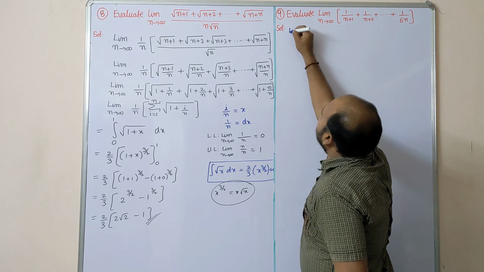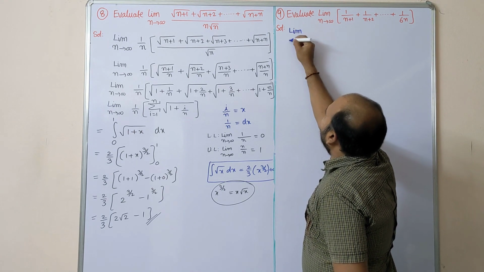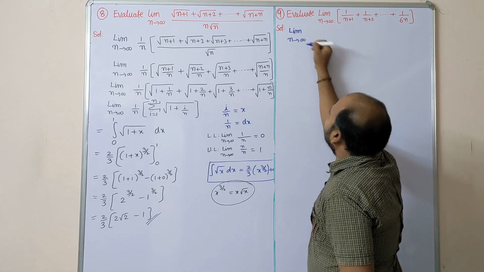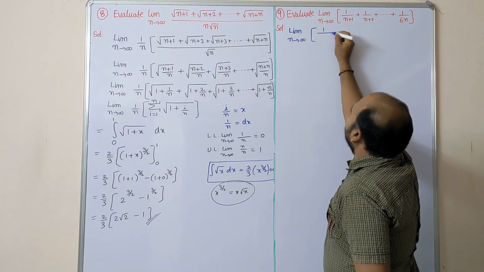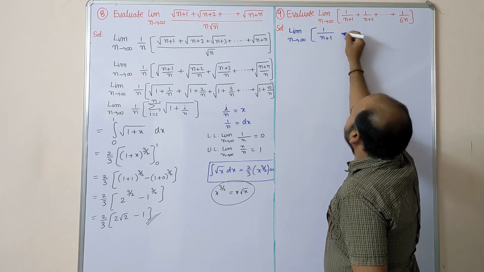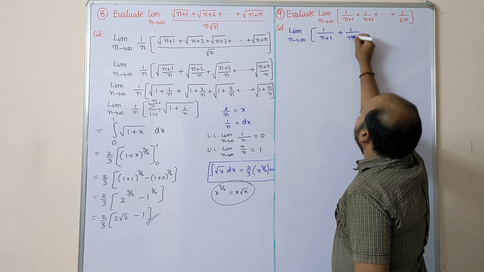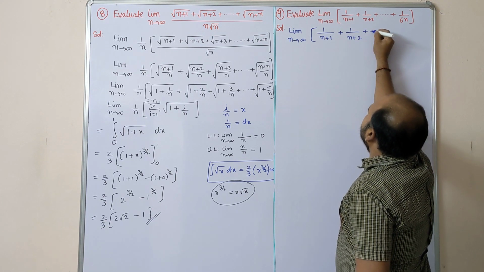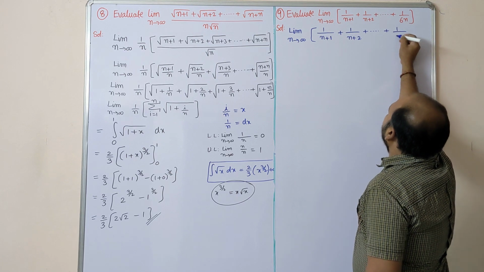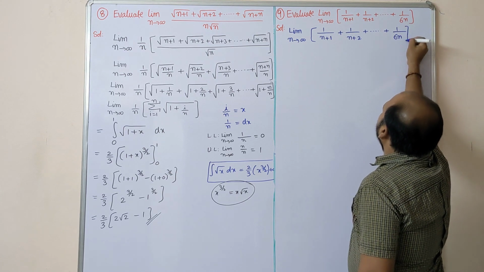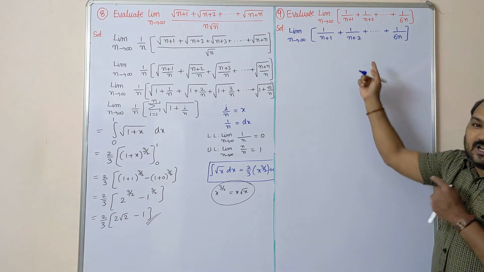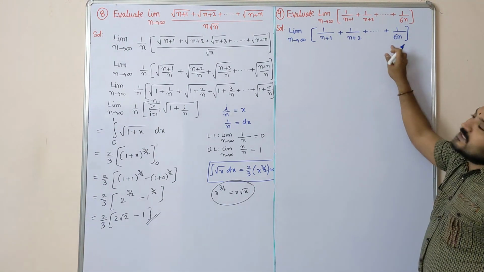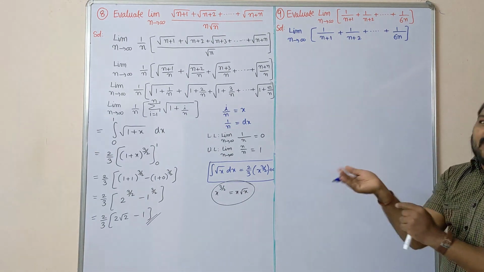First we have to write as limit n tends to infinity 1 by n plus 1 plus 1 by n plus 2 plus and so on 1 by 6n. That is the given information. N plus 1, n plus 2 and so on is there. 6n can be written as n plus 5n, no?